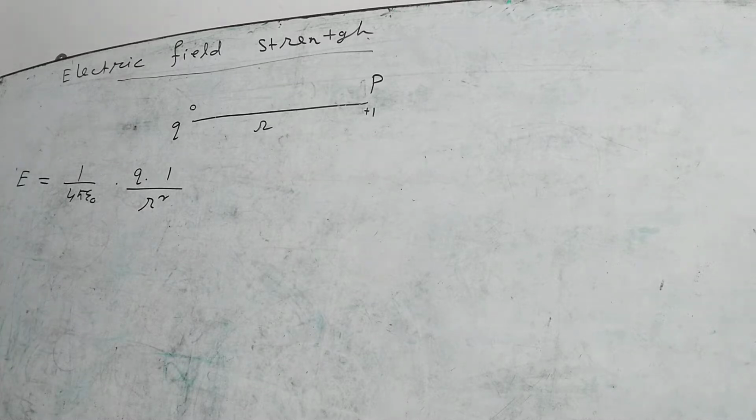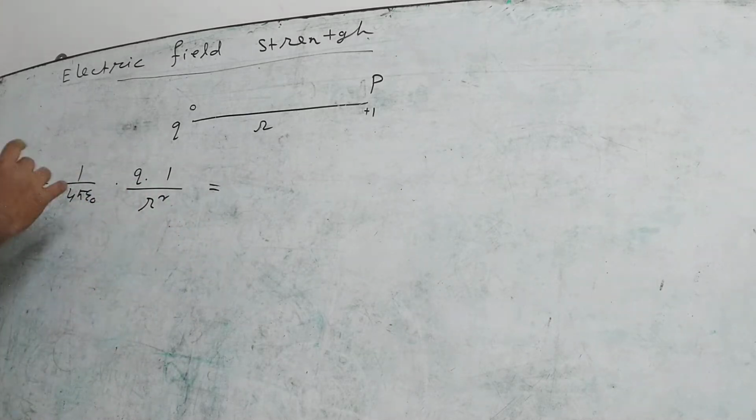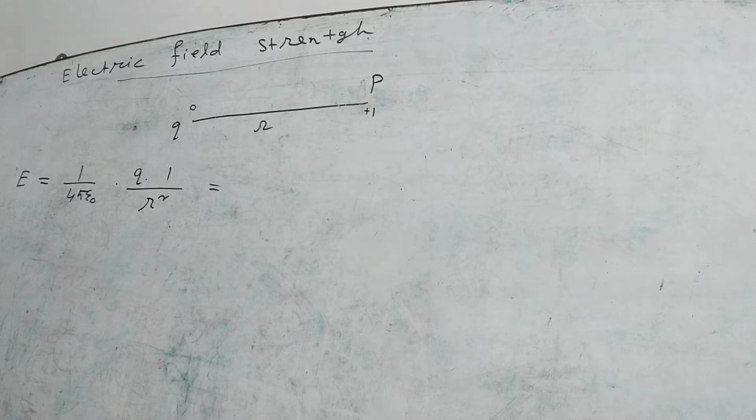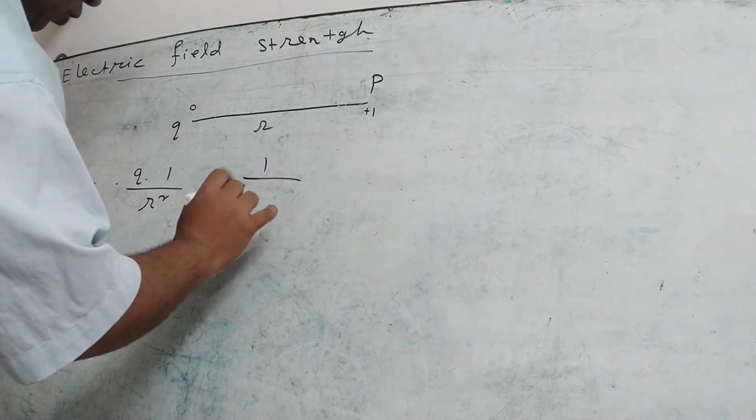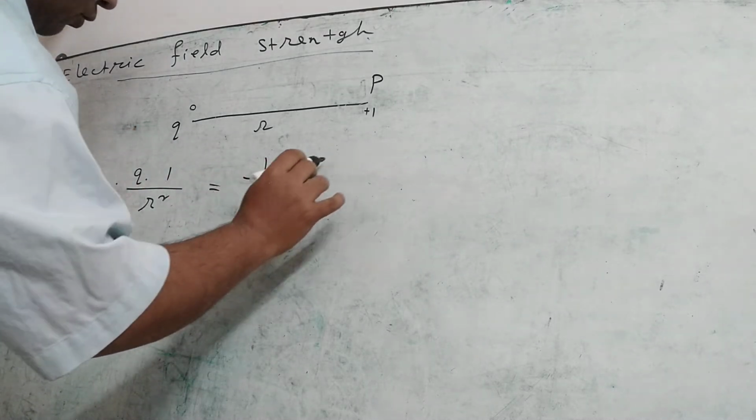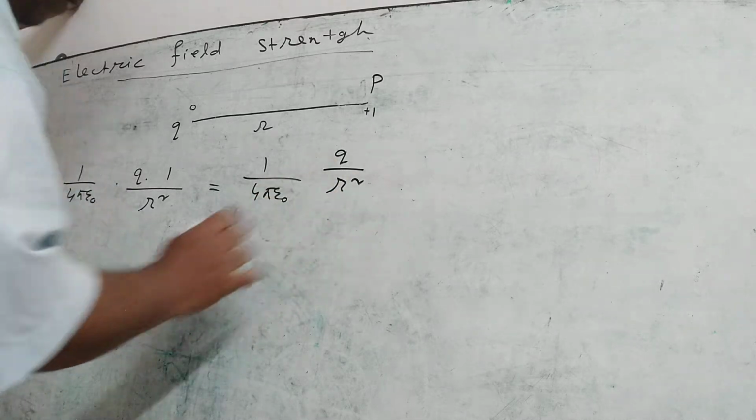So therefore, we can write that E is equal to 1 by 4 pi epsilon 0 Q1 Q2 by R square. This is equal to 1 by 4 pi epsilon 0 Q by R square.